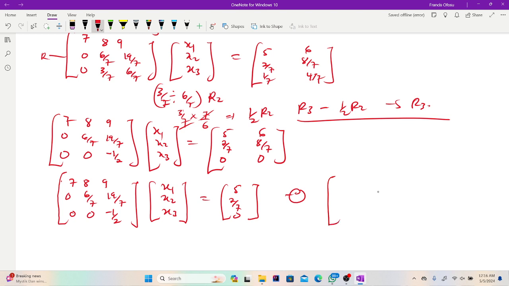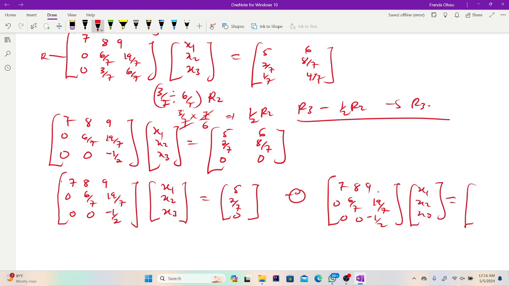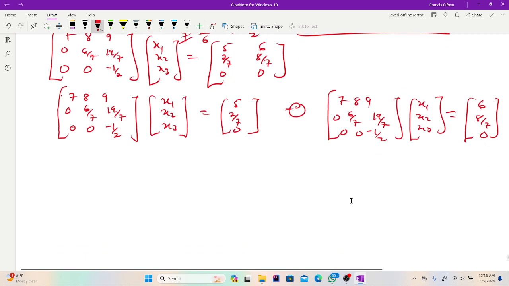Then I will have the same matrix multiplying x1, x2, x3 is equal to 6, 8 on 7, 0. So these two sets will give me two different values of x, right?